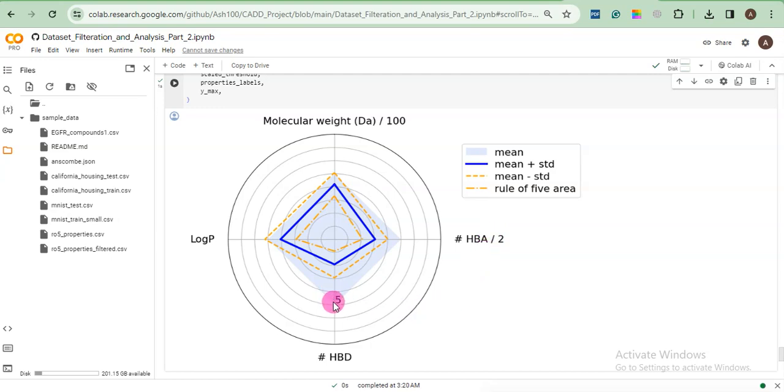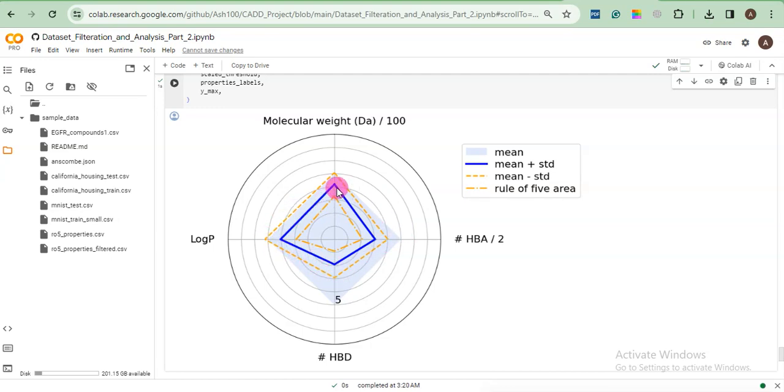This light blue area is the boundaries designed by Lipinski, and the dark blue line is the boundary for the mean.